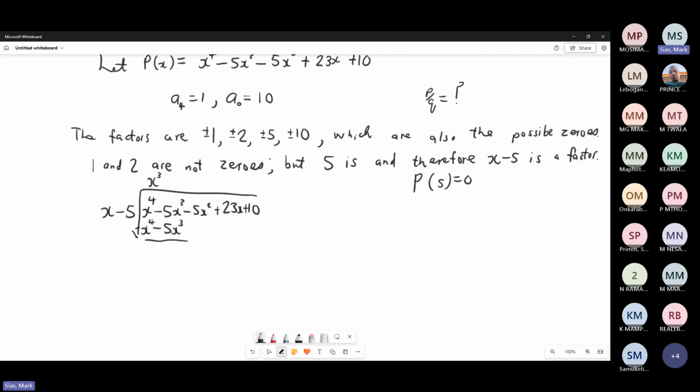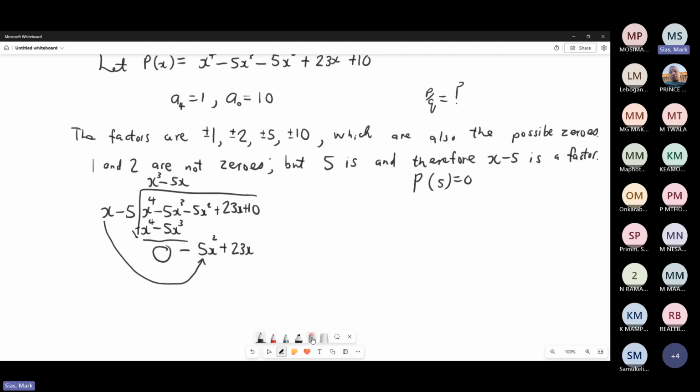Then I do a subtraction again. That will give me 0. In the interim, I bring down the negative 5x squared, and I can also bring down the 23x. Then the question is again, how many times does this x divide into minus 5x squared? It divides in there minus 5x times.